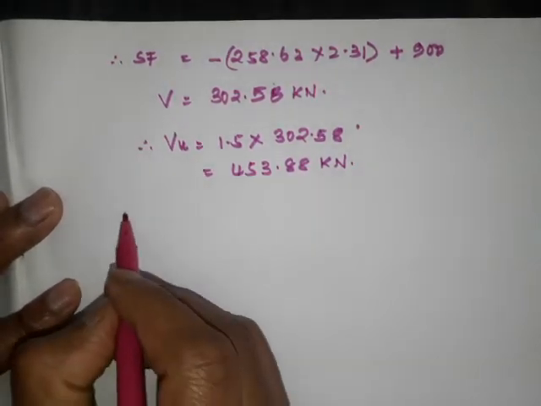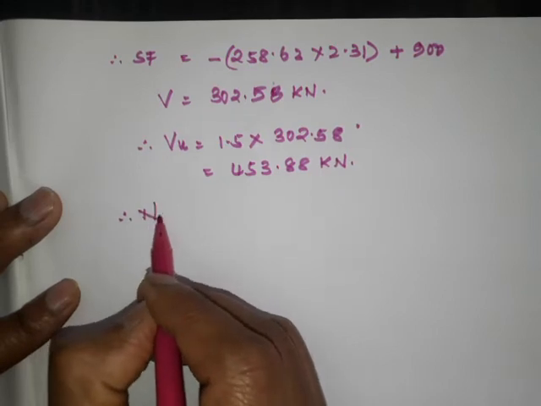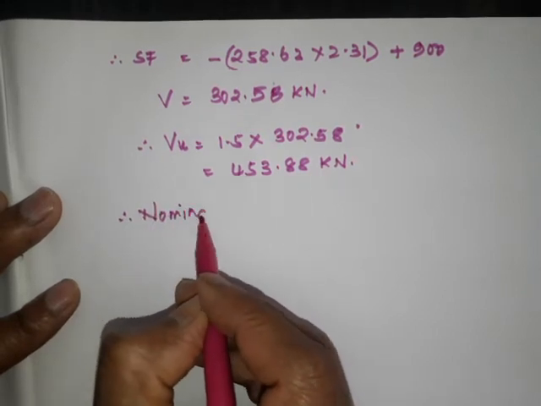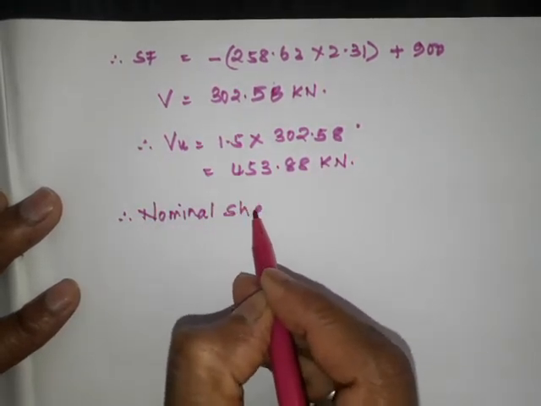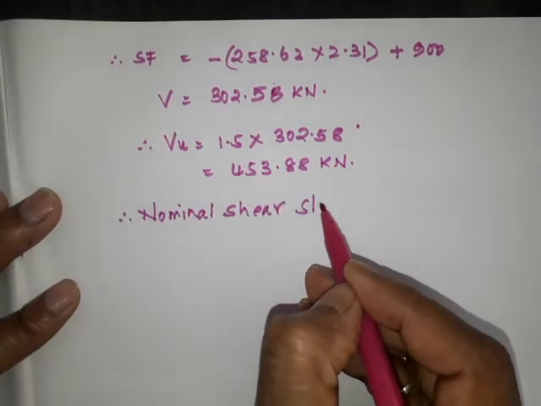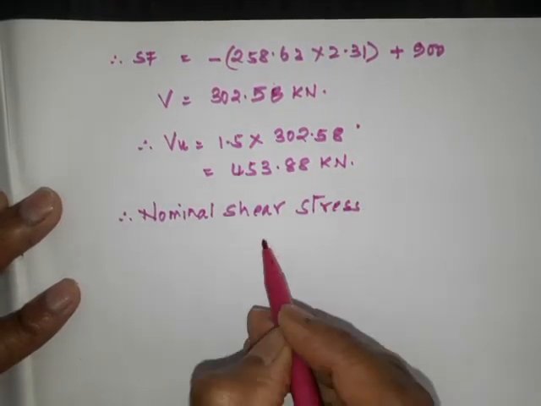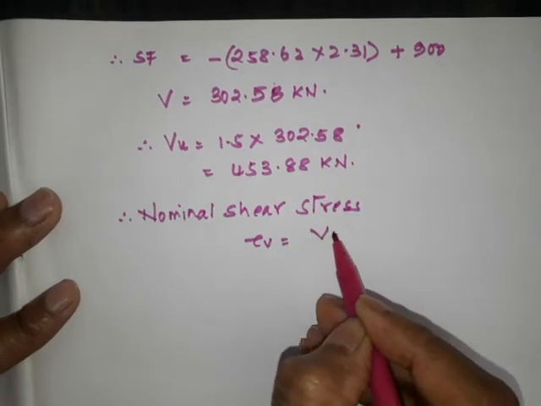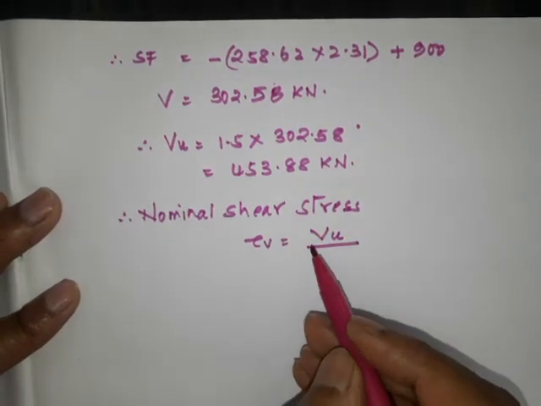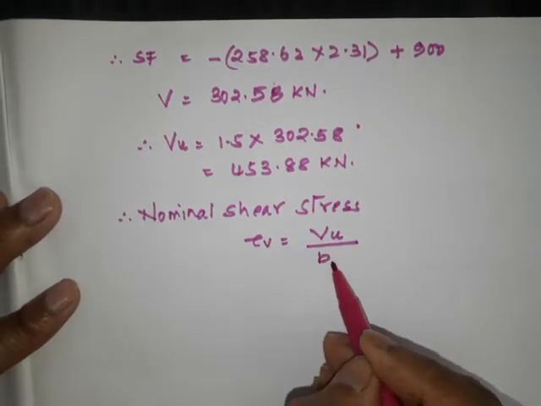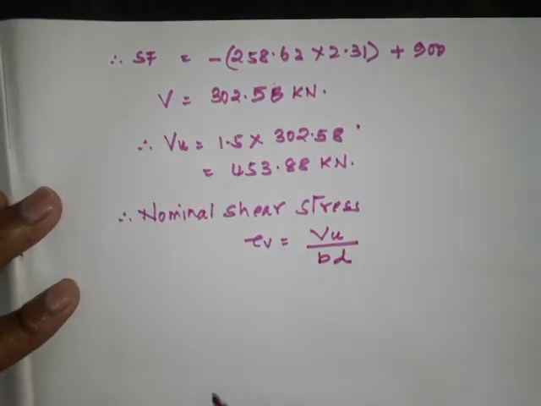Therefore, nominal shear stress tau v is equal to Vu by bd.